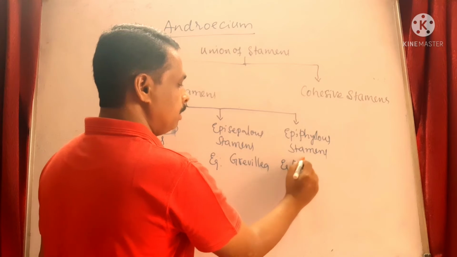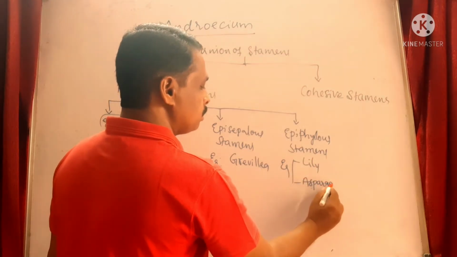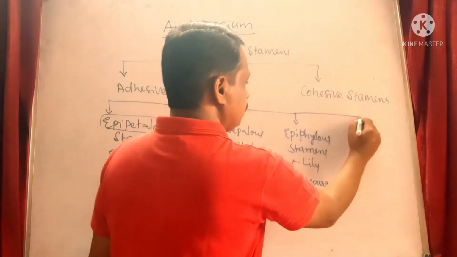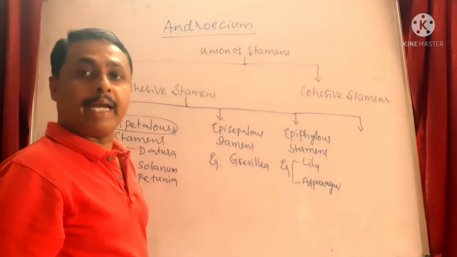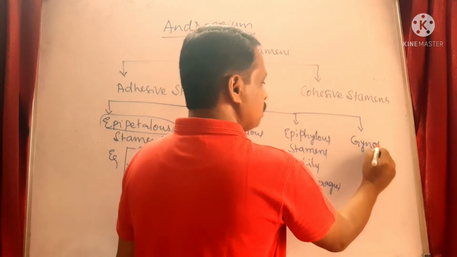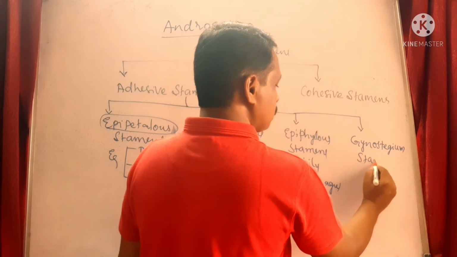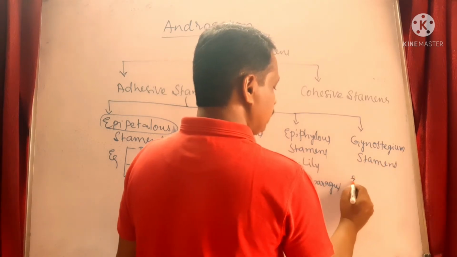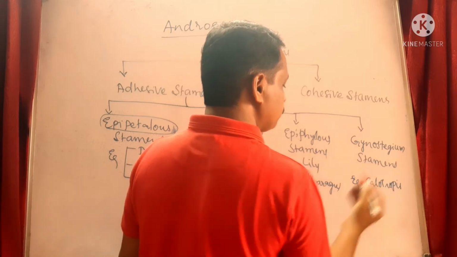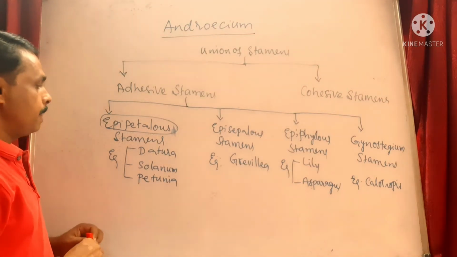Example, lily, asparagus. Next one is gynostegium stamens. Example, Calotropis. So these are the different categories of adhesion of stamens.